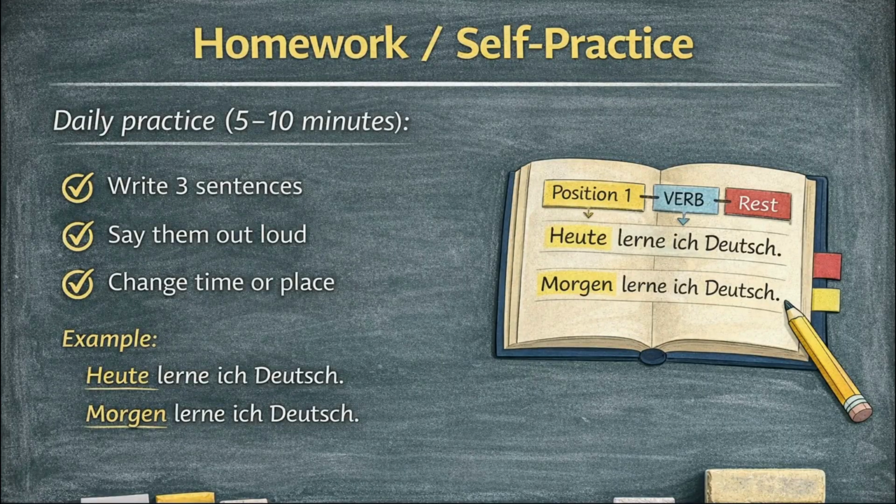Heute lernst du Deutsch. Am Morgen lernen wir Deutsch. Or you can ask, lernen Sie Deutsch? You can also change the verb position to the position 1 to form yes or no questions.